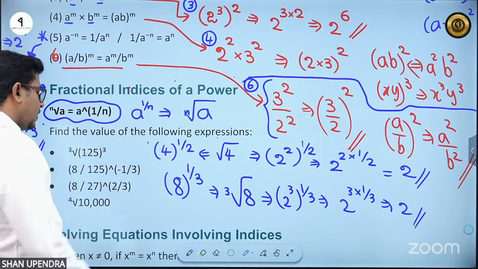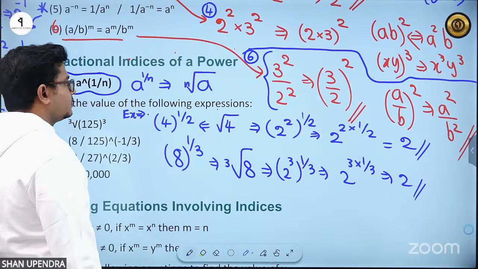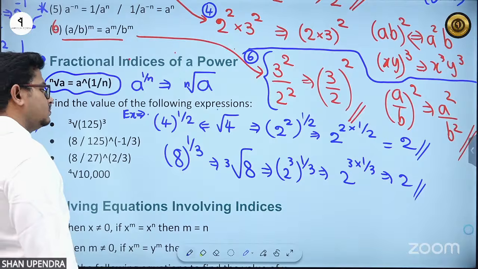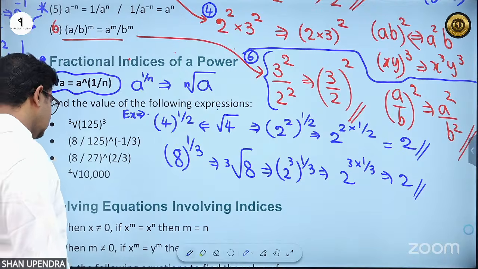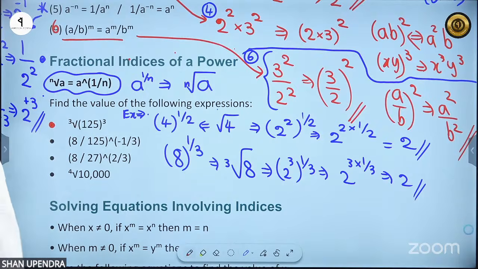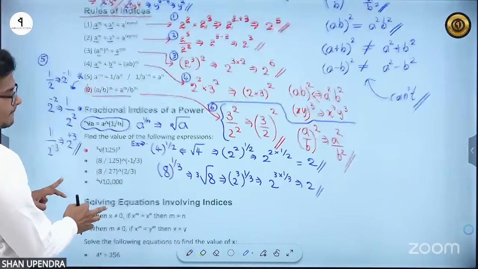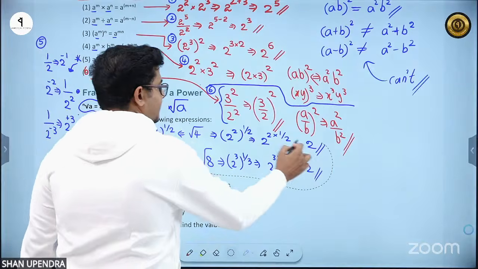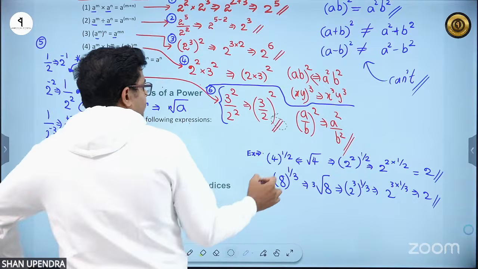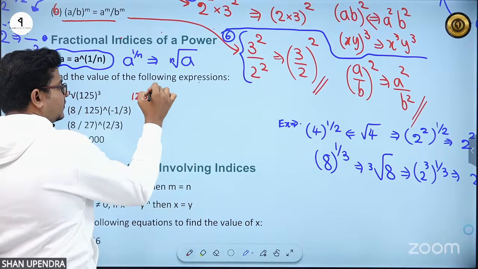Some of the examples. Let's do this example. Okay, so first example, it's like 125 to the power 3 to the power 1 over 3.